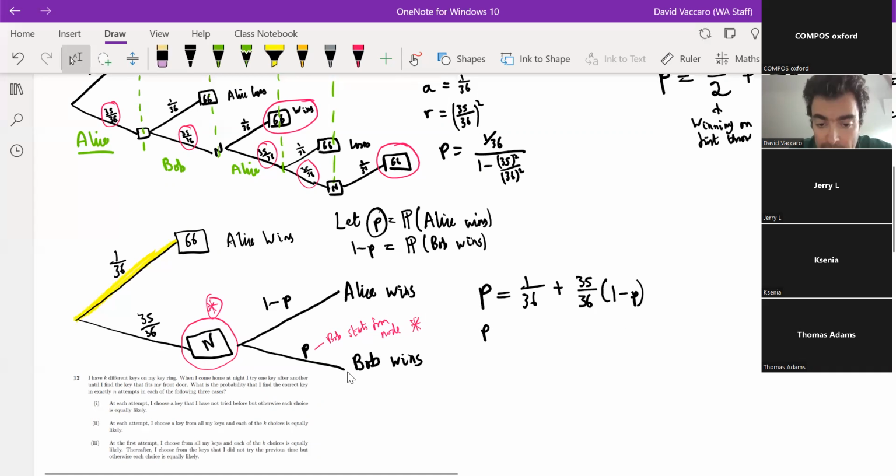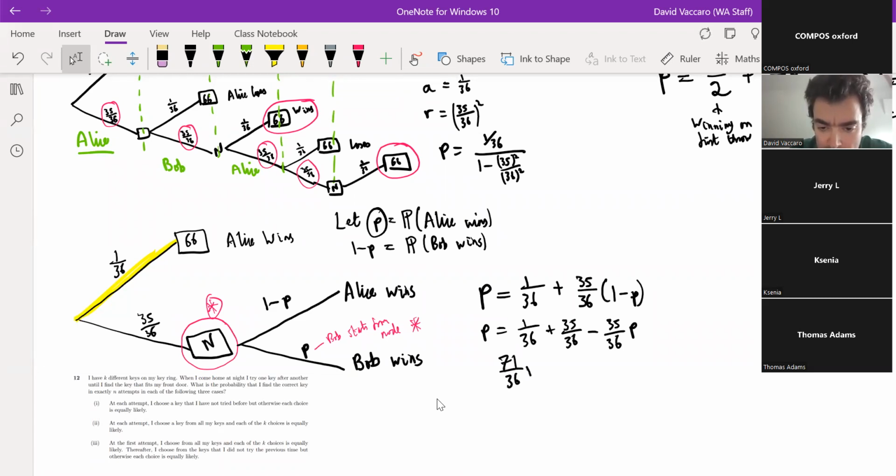Okay, and now we get P equals 1 over 36 plus 35 over 36 minus 35 over 36 P. And then we get 71 over 36 P is 35 over 36. So P is 35 over 71.